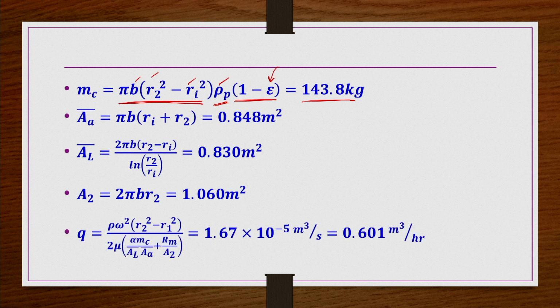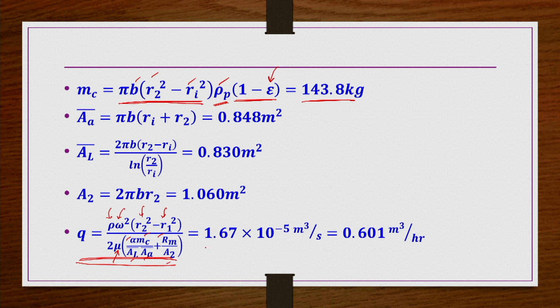So everything is now known in this equation of Q. Rho is given, for water we got the properties, omega we got, R2 and R1 are known, mu is known, alpha is known, Rm is known, MC is calculated, and A bar, A log mean and A2 you have already calculated.